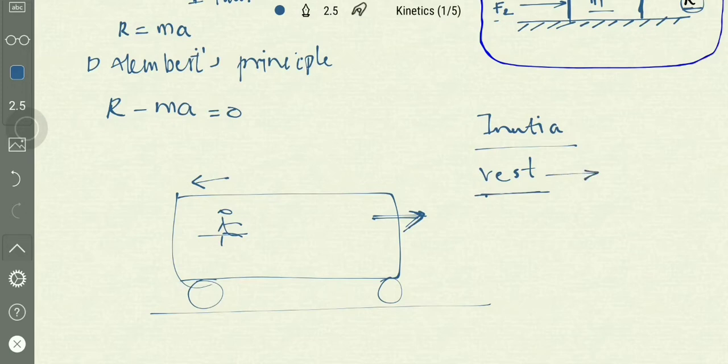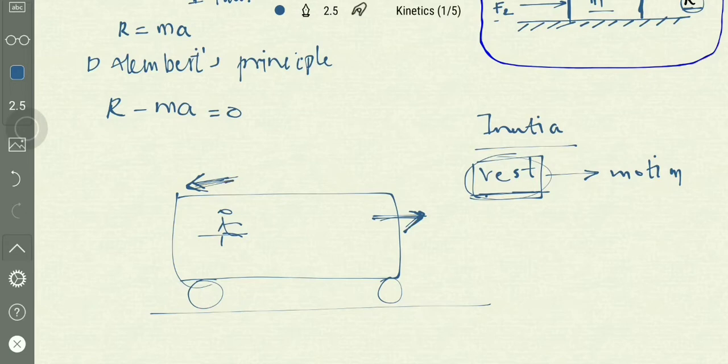That is, rest should be converted into motion. But inertia tries to keep the body at rest. That's why you lean backwards when the bus is started.